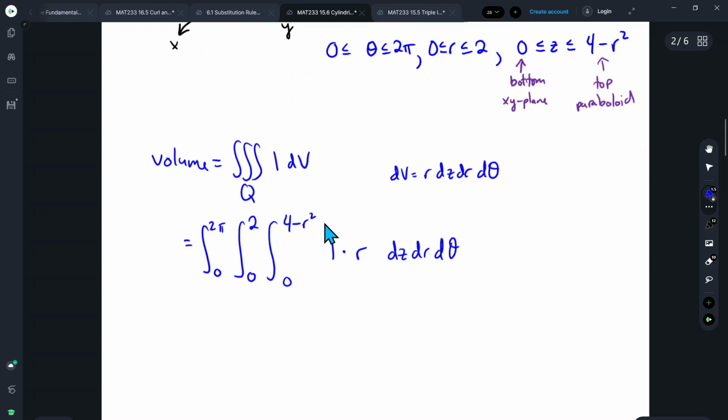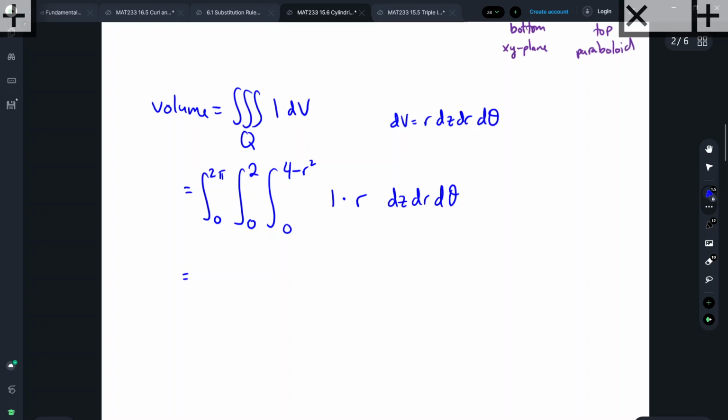Okay, so we need to integrate this. So what do we have? Integral from 0 to 2 pi, integral from 0 to 2, and the antiderivative of r with respect to z, where we're thinking of r as a constant. So that would be r times z, evaluated from 0 to 4 minus r squared, and then dr d theta.